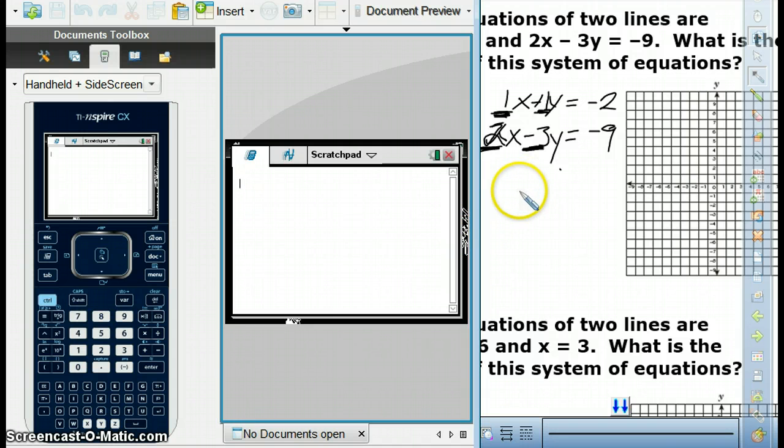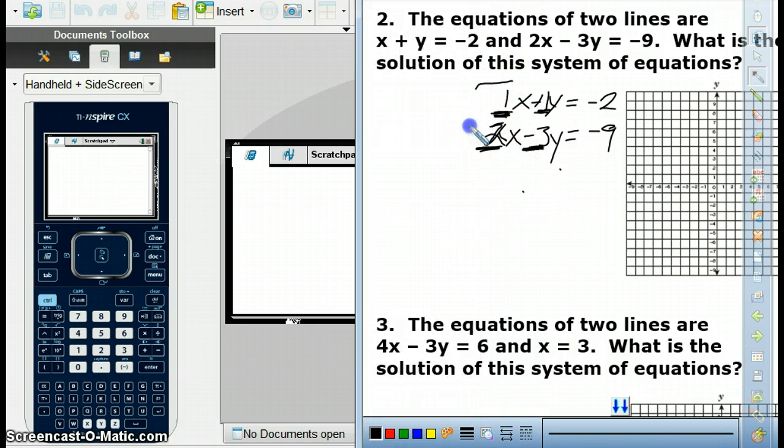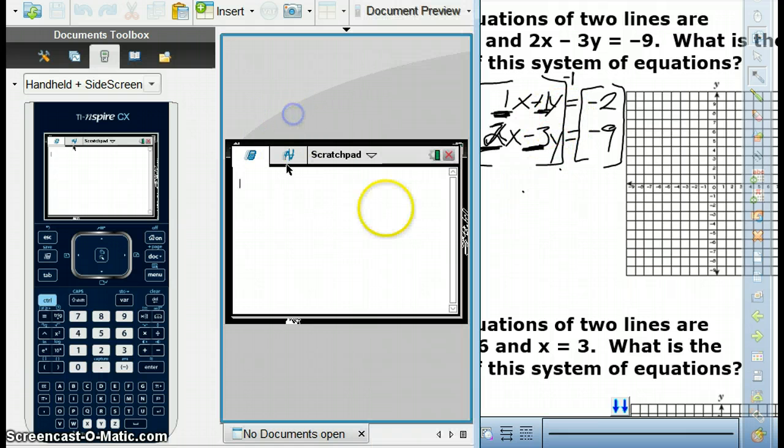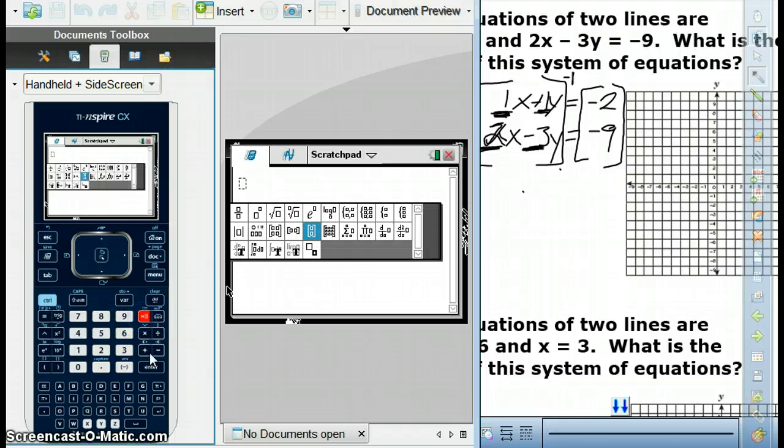What we're going to do is put our coefficients into a matrix. We're going to take that matrix to the inverse power and multiply it by another matrix. So we'll have two matrices. Watch this. Your matrix button on your calculator is this one right above the multiply button. It brings up all these symbols, but we're mostly interested in the matrices right here.